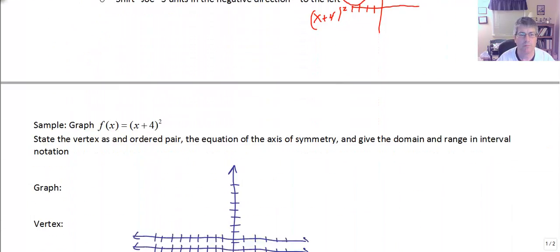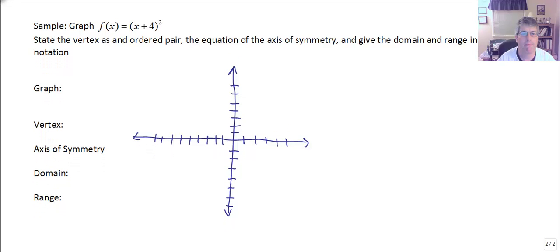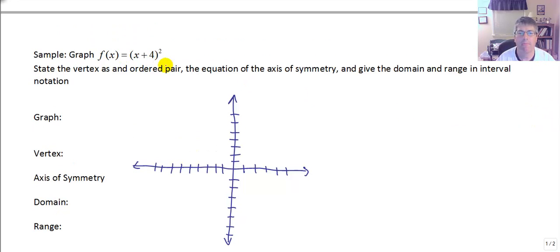So let's do this. Let's graph f of x equals x plus 4 quantity squared. State the vertex as an ordered pair. Graph the equation.